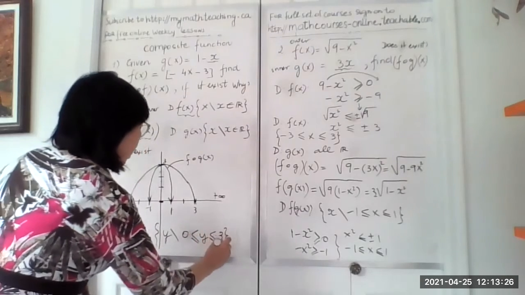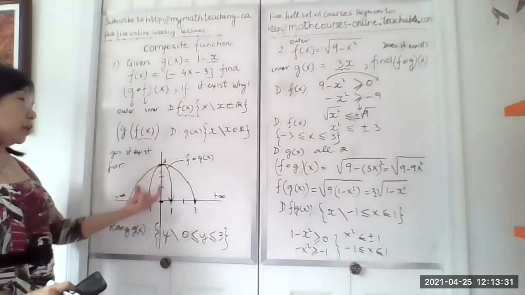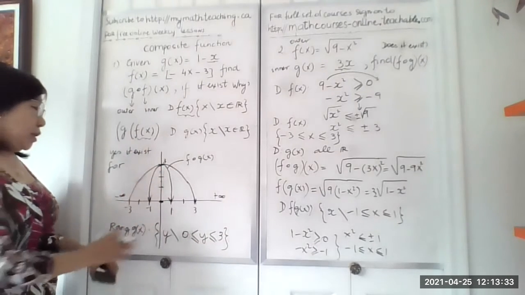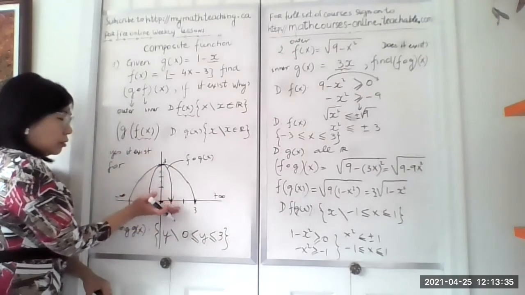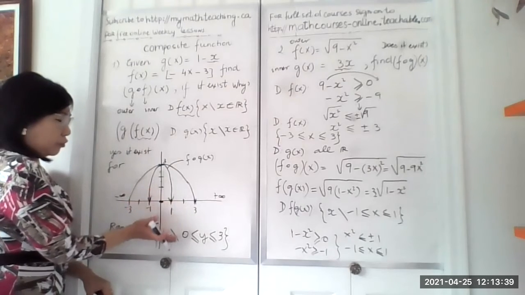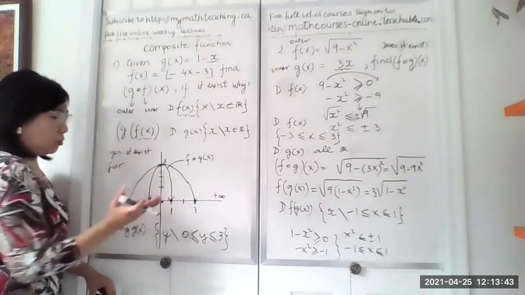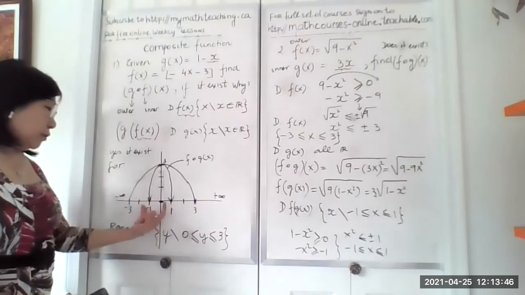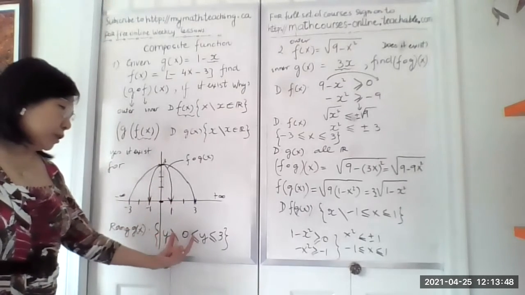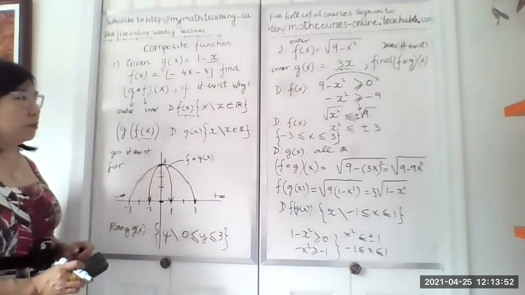So that is the range of g of x that has to be restricted so that this function exists, because down here you don't see any function, right? From y equals 0, down here you don't see any function. So therefore the range of g of x will be restricted like this in order to fit in this picture.